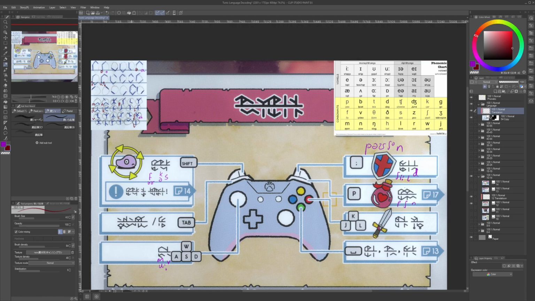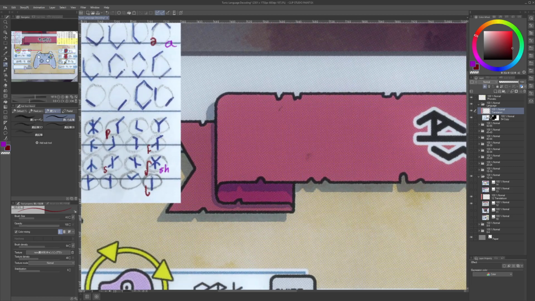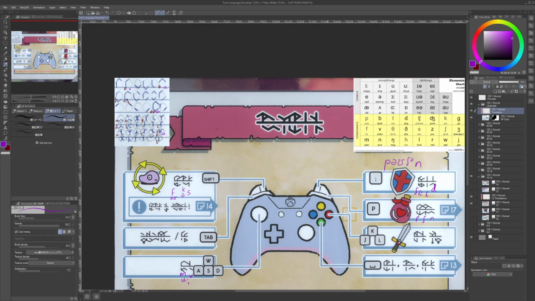Because the important part is we know what the sound means, rather than getting the exact phonetic translation right. So let's just put O. So this is focus something. I don't think we know that letter. The consonant sounds are way easier to work with. We know this is an L, I think.